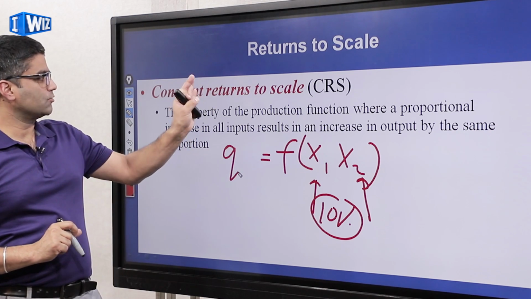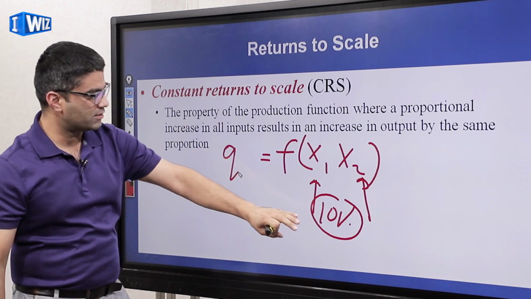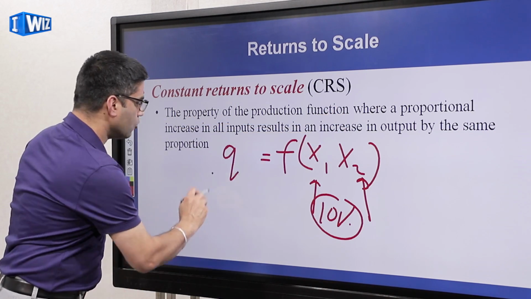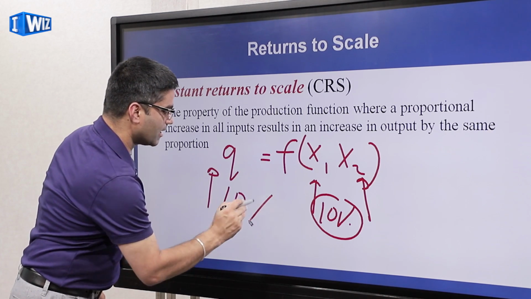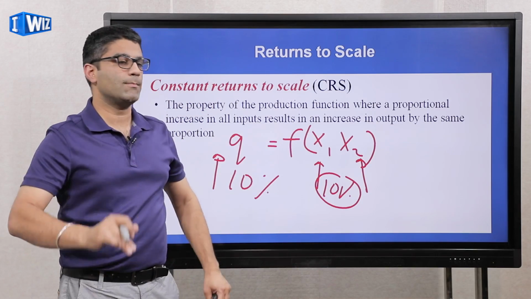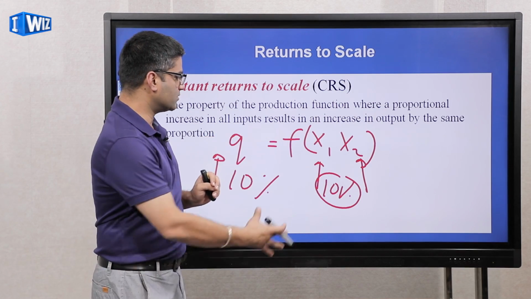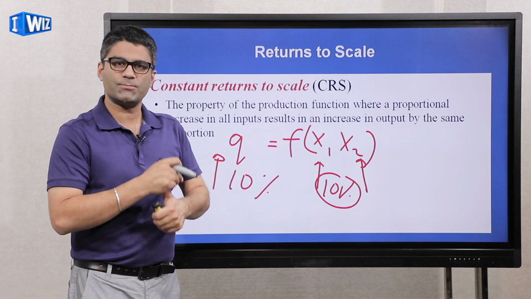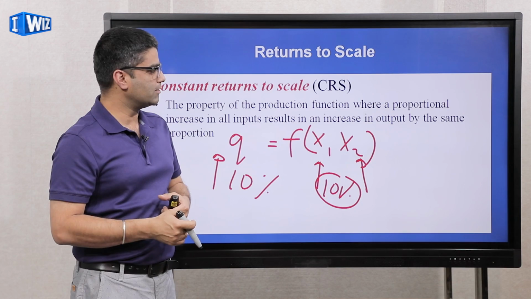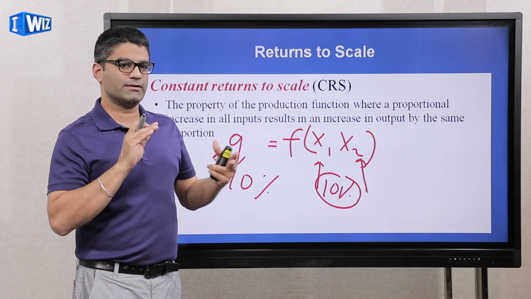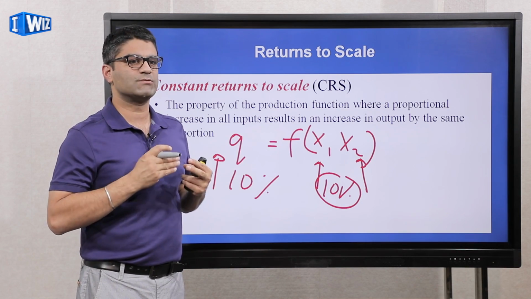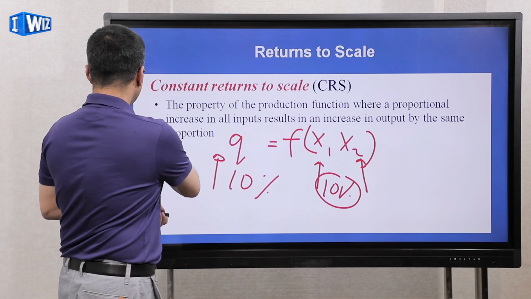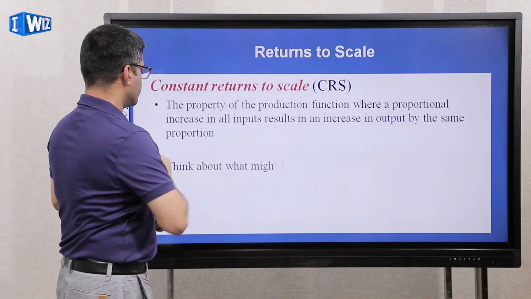If we are subject to constant returns to scale, it means when all inputs increase by 10%, output is going to increase by exactly 10% as well. So if we increase labor by 10%, raw materials by 10%, and space by 10%, output will increase by exactly 10%. That's what we mean by constant returns to scale.